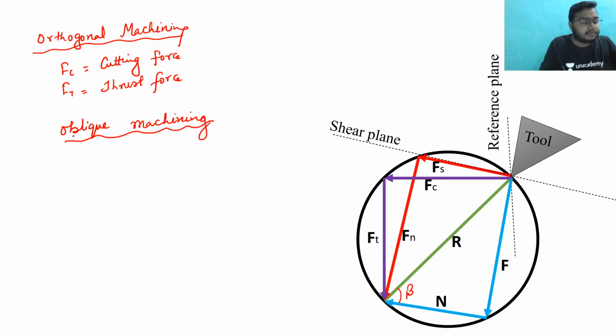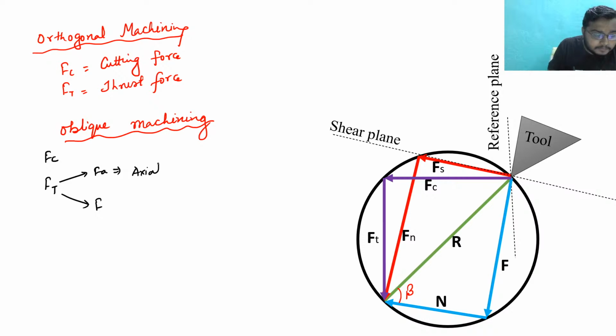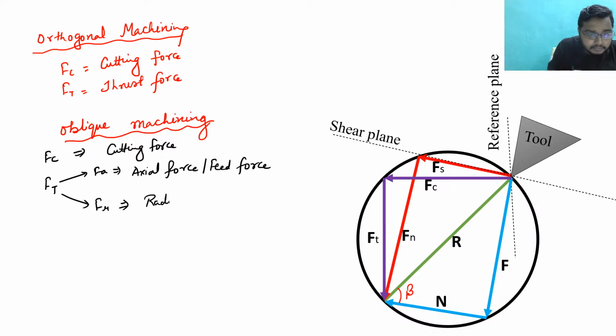First one is Fc, and Ft has two components, that is Fa and Ff. Fa is the axial force, and Ff is also known as the feed force. This is your cutting force, and this is Fr, that is the radial force.